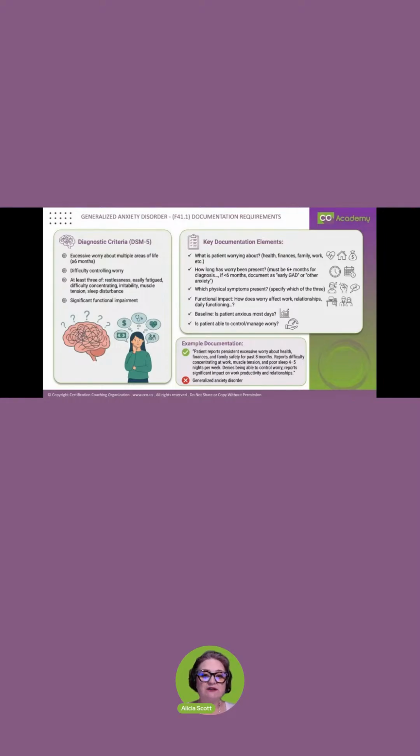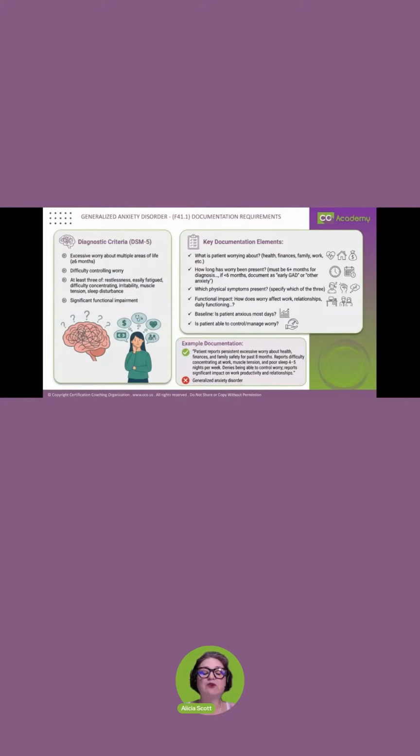You've got to specify at least 3. And then what's the functional impact? How does this worry affect their work, their relationships, their daily functioning in life? Is the patient anxious most days? What's baseline? And can they control or manage the worry? Usually the answer would be no, but we need to see that documented.